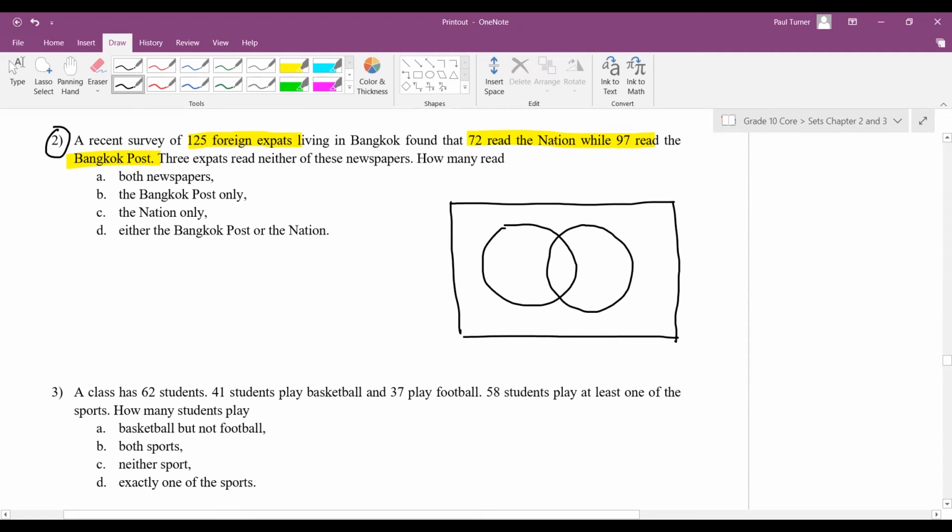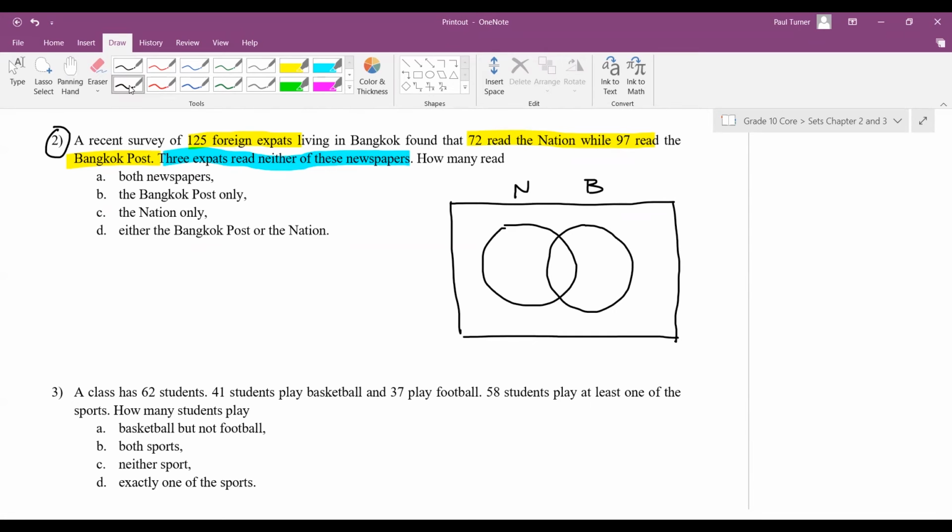So we've got The Nation, let's put N here, and Bangkok Post, let's put it here. I normally put the letter outside so it's not confusing with what I write inside. Okay, so what it does say here is that 3 expats read neither of these papers.